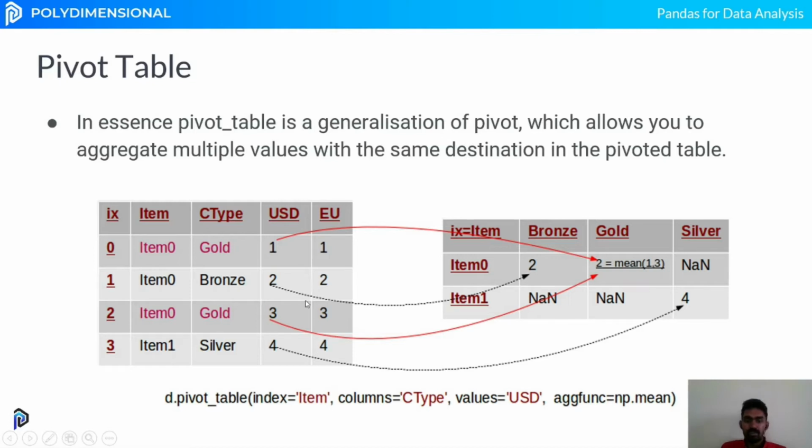This time we choose the mean of 1 and 3, which is 2. We can also pass the aggregate function here. The default is mean. When giving a pivot table, we have to give the index, choose the column, which can be single or many columns, and we can also choose the value.